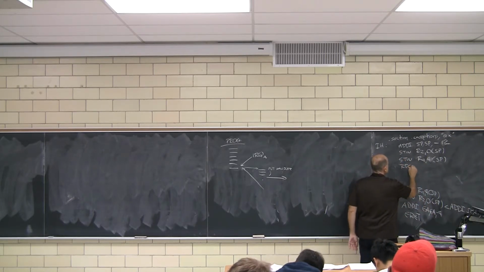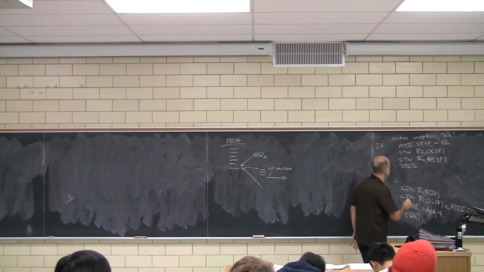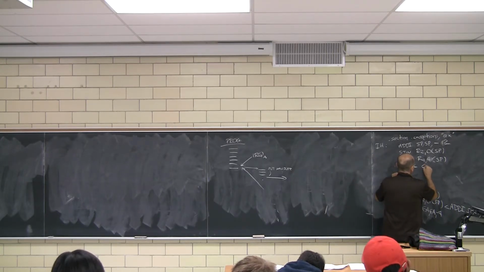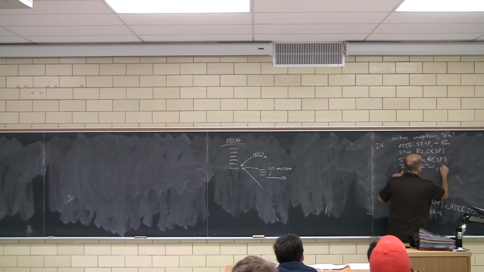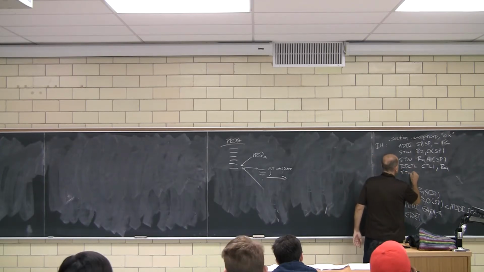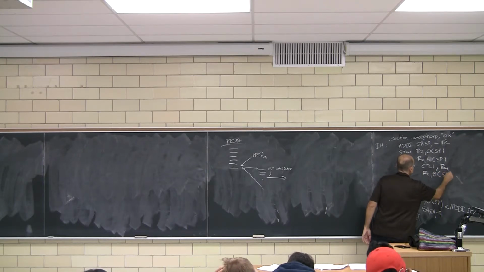If this is not clear why I'm doing that, just follow me for a second and we'll explain it at the end. I don't remember the syntax for CTL. I think it's like this. CTL1 to, let's say, R4, because we just saved R4, it's okay. And then we can do a store word R4, 8(SP).